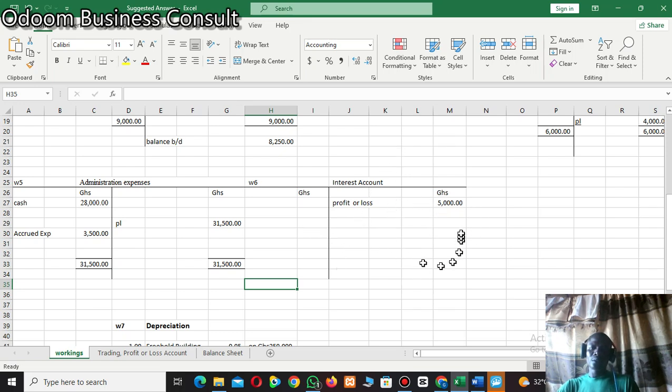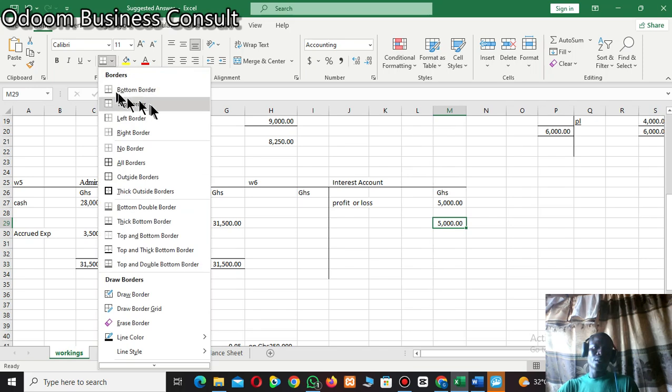Interest on loan is an expenses. Okay, it has not been paid for, so it's an expenses too, and it has not been paid for. You just also close it, 5,000, but here mind you is a liability, so that amount will also appear on the balance sheet.